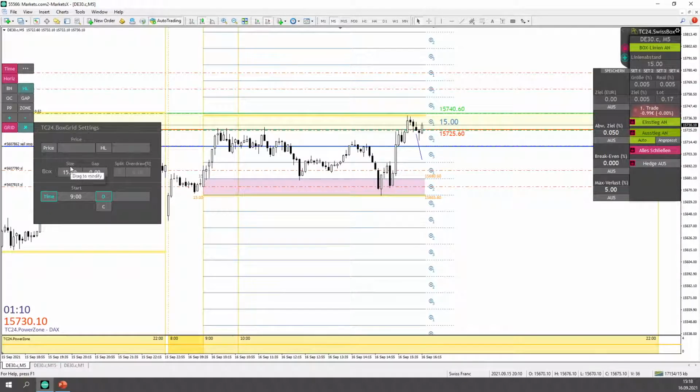That's why I think 15 is good for the DAX. For other markets, I did not test it, for example gold. I have no idea what's happening in gold or when there's a good time for gold, but maybe you can answer that, Maurice, when you have good volatility in gold. It's tested mainly on indices, the DAX and Dow Jones.